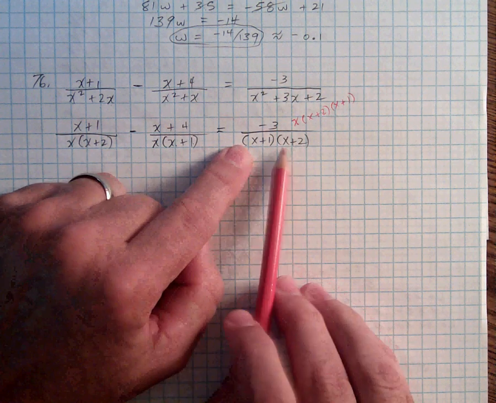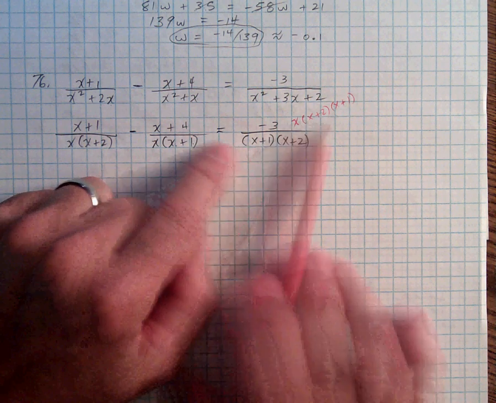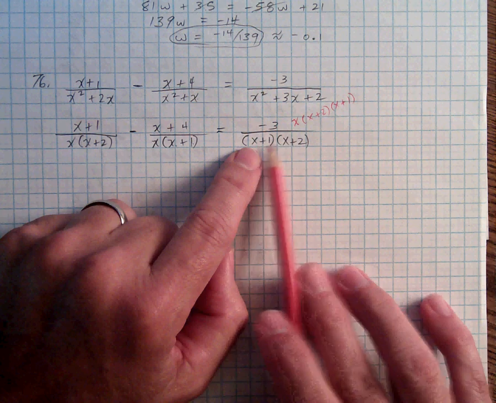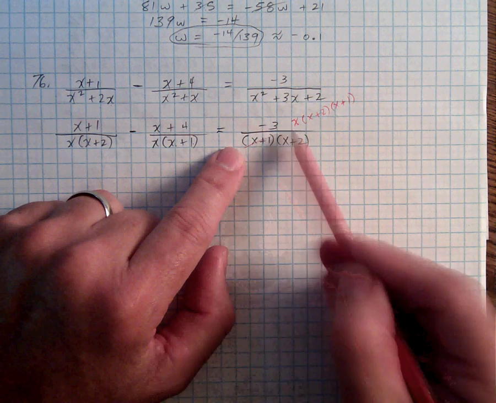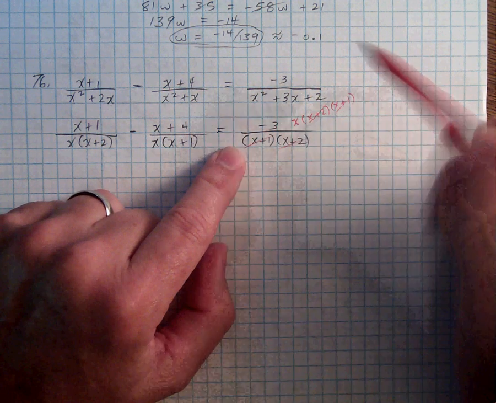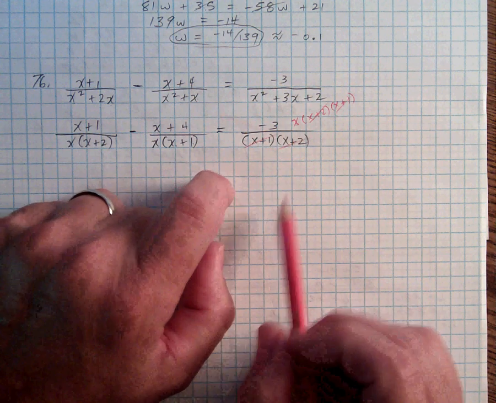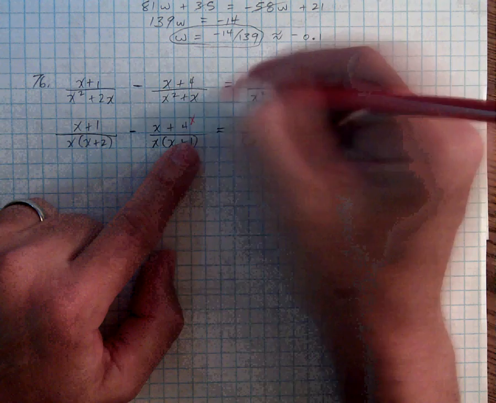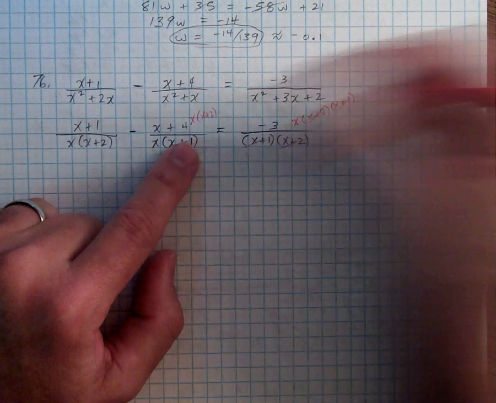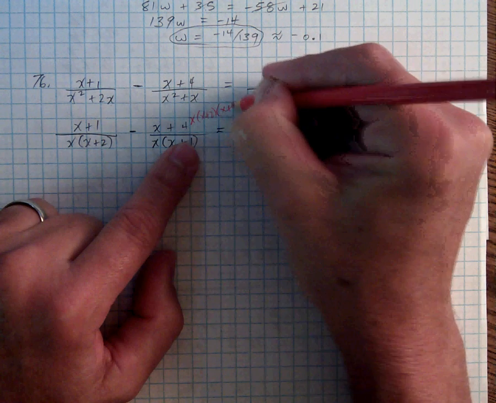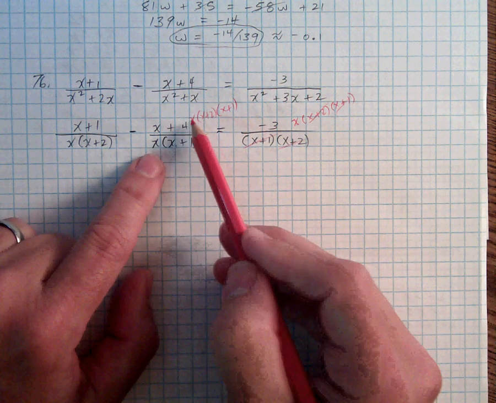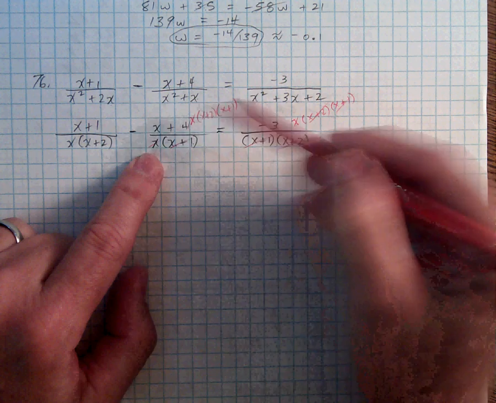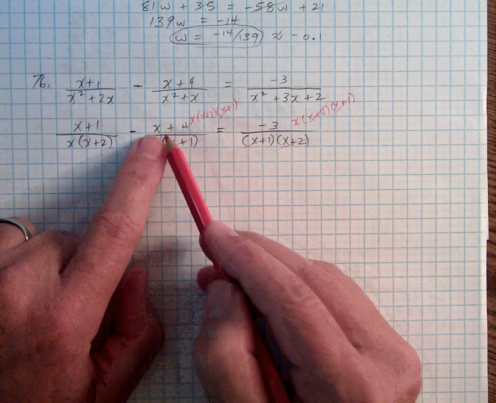So that should cover everybody. When I multiply this fraction by that, the x plus 1 and the x plus 2 go away, leaving me with just x. When I multiply this one by x, x plus 2, x plus 1, the x and the x plus 1 go away, leaving me with x plus 4 times x plus 2.